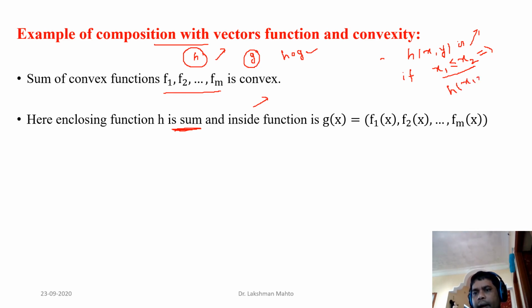It implies h of x1, y is less than or equal to h of x2, y. This is just an extension of whatever increasing function of one variable you have studied. Apart from that, because it has two arguments, this monotonicity is not complete. You have to define one more relation.